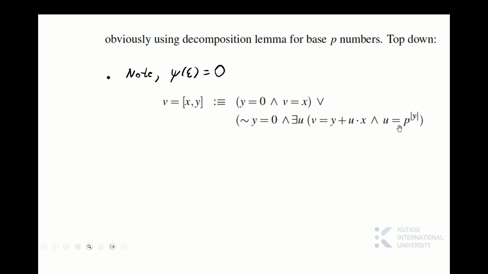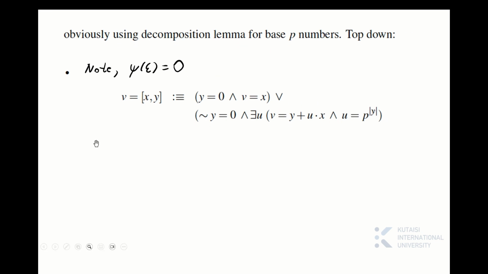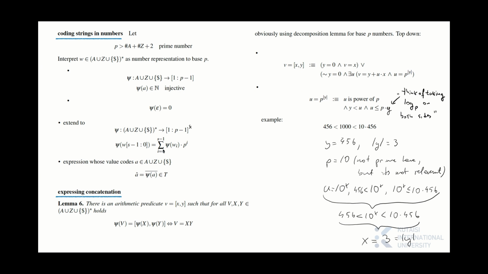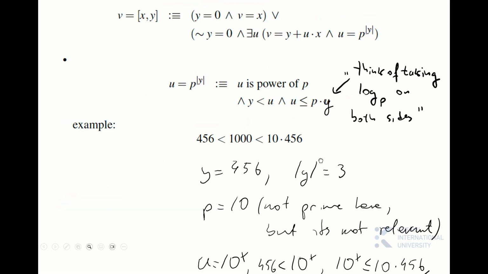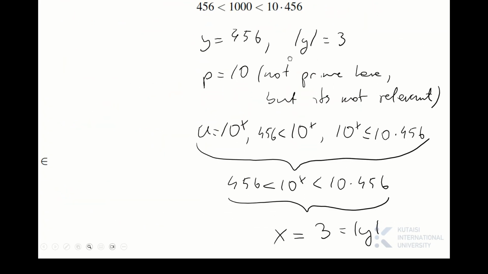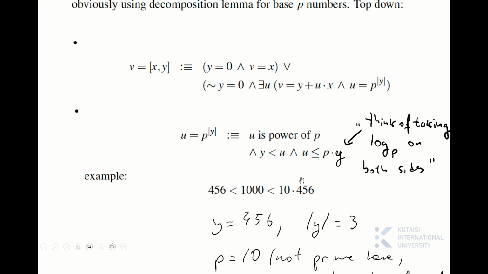Something like this. Yeah, this we never allowed. We never allowed writing a power of something, and we never allowed writing p, and stuff like this. So now I have to clarify that I can still write these things. This is the tediousness here. So how do I write in my language u is a power of y? So what I'm claiming, and I have an example here as well, maybe you get it without an example.